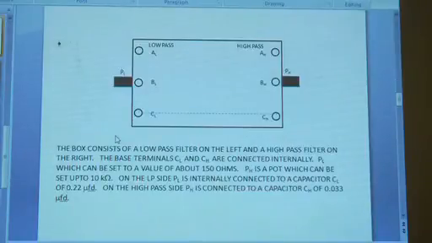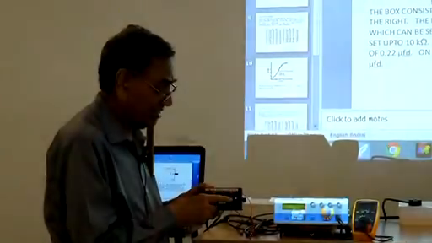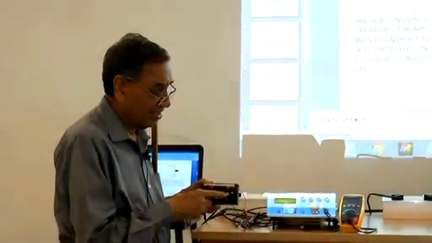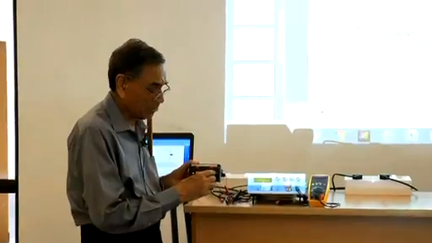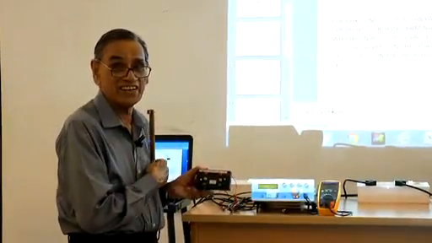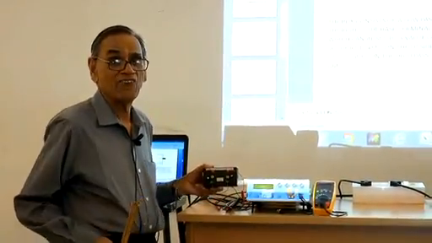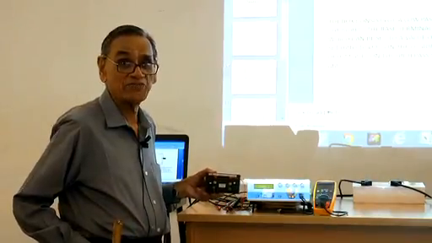The three filters are realized in this box. At the right is the low-pass filter, and between the red and the yellow is the resistance, a pot which is set to a value of around 150 ohms.